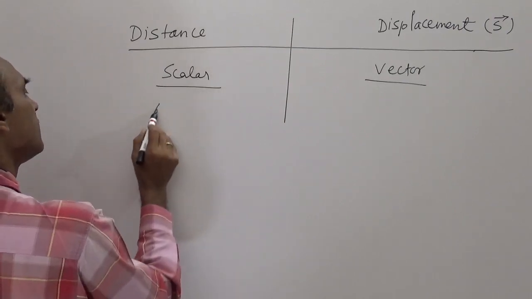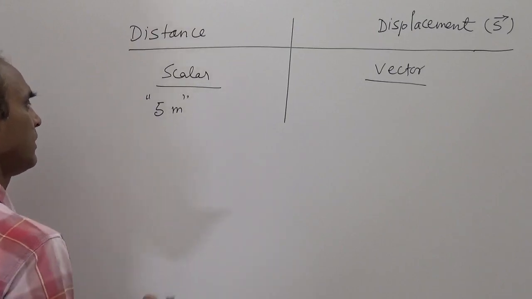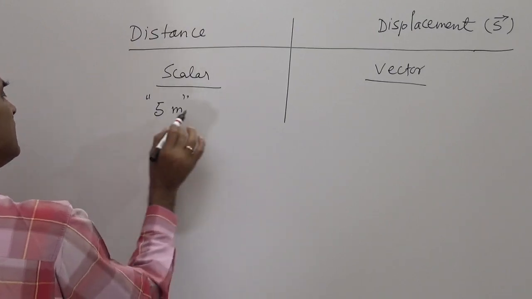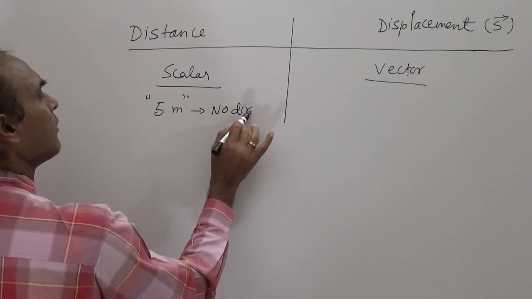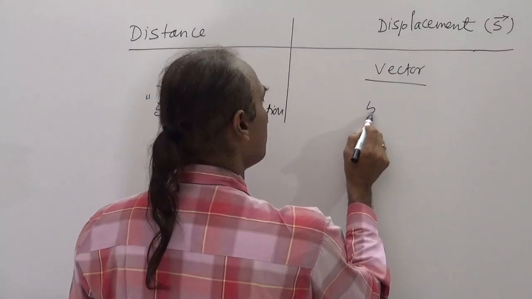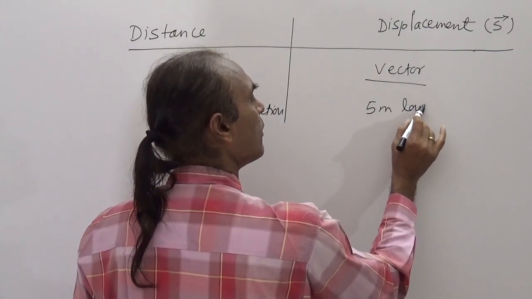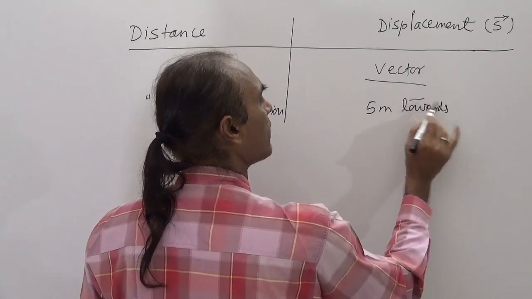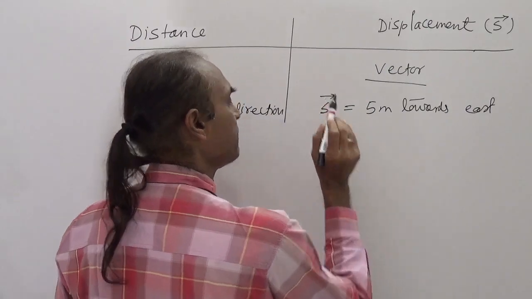By distance of 5 meters means there is no direction. By the displacement of 5 meters towards east, this is the displacement.